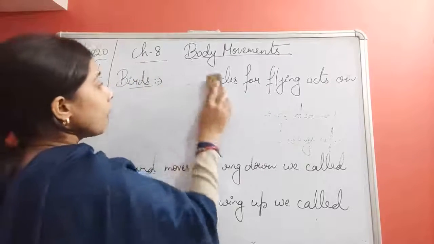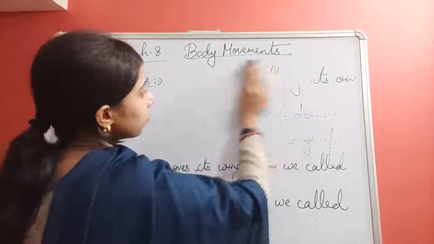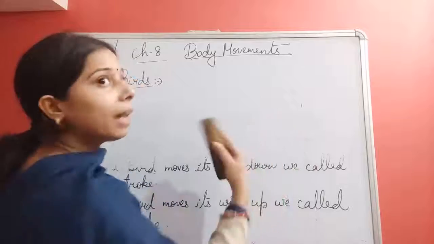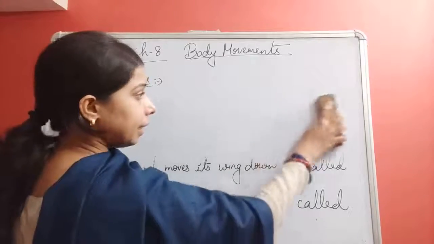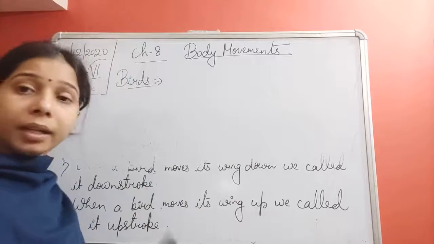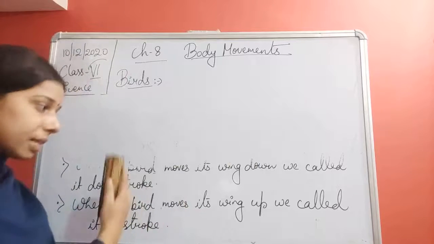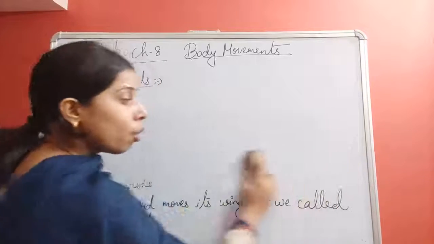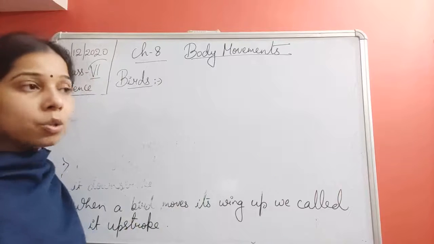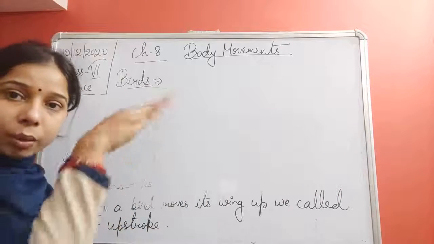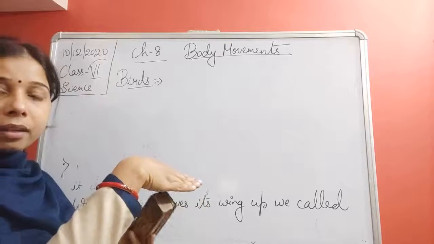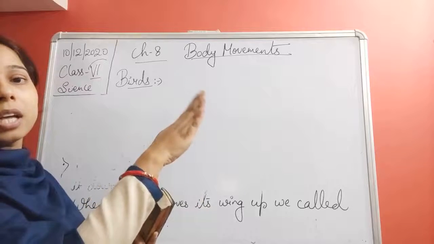See here students, flight muscles, the name flight is related to flying only. So we can say that flight muscles help in flying. And how do they help? So when one of the pair of muscle contracts, the other one relaxes. When one contracts, it makes the wing go in the downward direction. When the other one contracts, it moves in the upward direction.